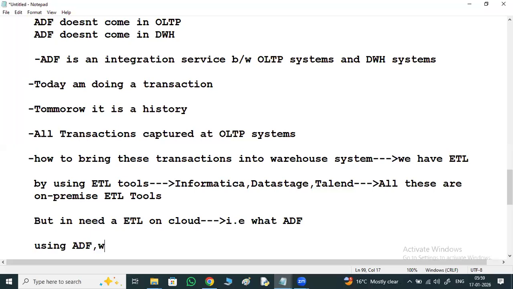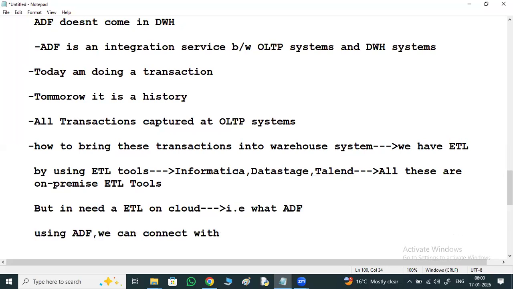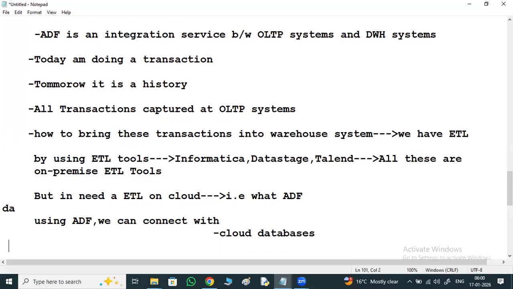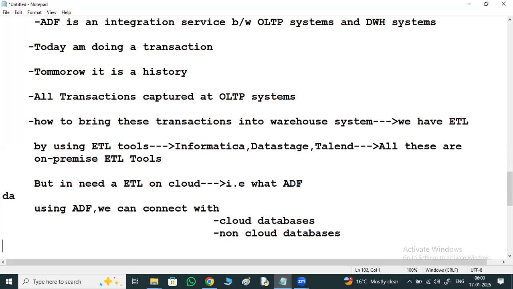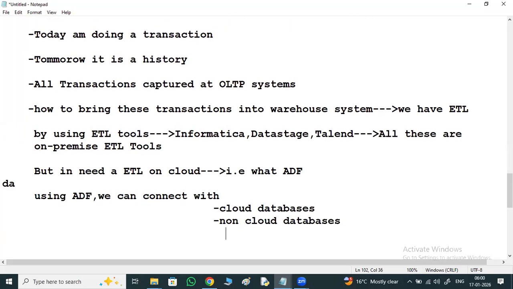Using ADF, we can connect with cloud databases, non-cloud databases, and NoSQL databases, right?